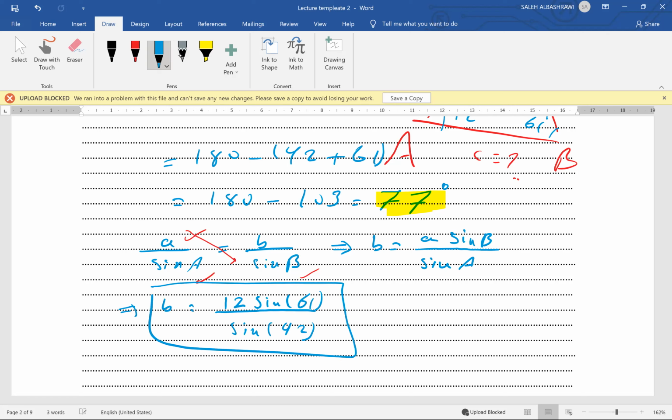This is b. To find it exactly, we need to use the calculator. So b equal to 12 multiplied by sine 61 over sine 42.